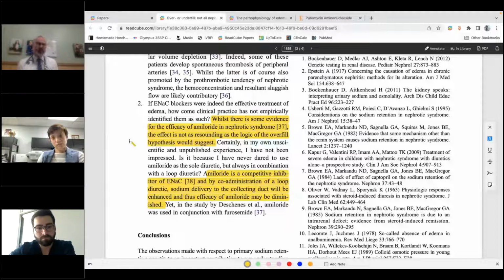And this editor does state that their personal experience is that they've not been impressed with it, but they've never used amiloride by itself. They've also always used it with Lasix. And if you're giving it with Lasix, then you're going to flood that distal tubule with sodium, and you might minimize the effects of the ENaC inhibitor if you're also giving way more substrate that's there.